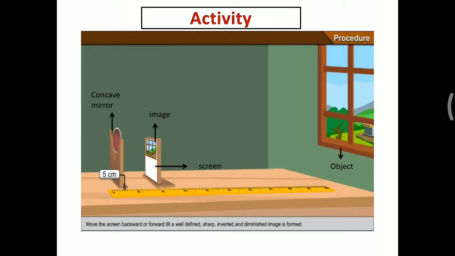So here we obtain the image on the screen. We already know that only a real image is obtained on the screen. So the concave mirror forms a real image.